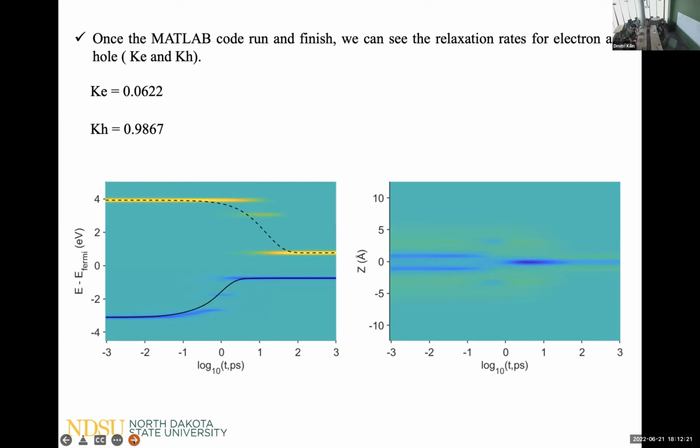Can you comment on this? This one is just for the spin up as an example. Okay. And if you just keep the same excitation energy for spin down, would it look the same or different? No, different. I think it should be different. Okay.